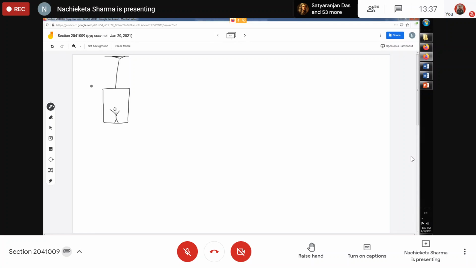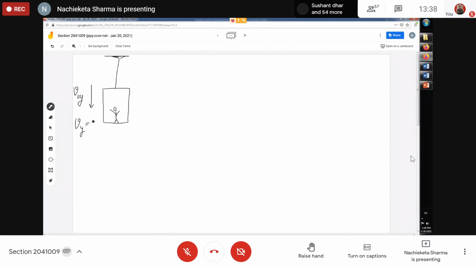Now the elevator is moving downwards, so its initial velocity has a direction along the negative y-axis. And after traveling for 25 meters, the elevator came to a stop. The elevator's final velocity becomes 0.